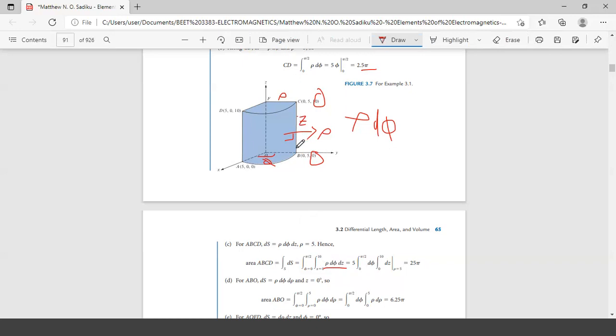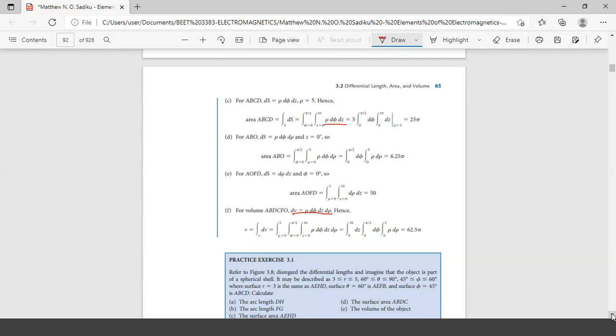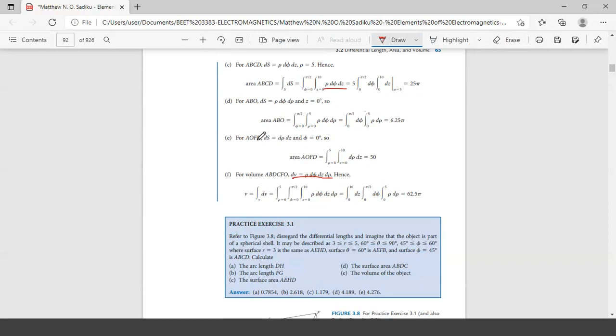So ds equals rho d phi dz, and we integrate. The limit of dz is from 0 to 10, the limit of d phi is from 0 to pi over 2, and rho is 5. So you can get 25 pi. The same applies to ABO, AOFD, and the volume: you multiply all of rho d phi dz d rho.